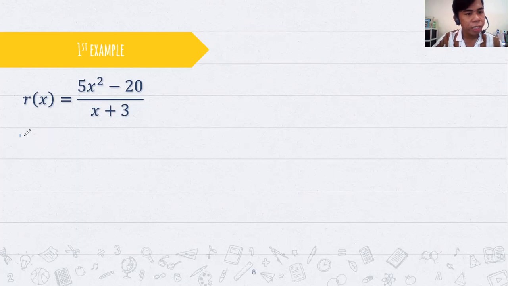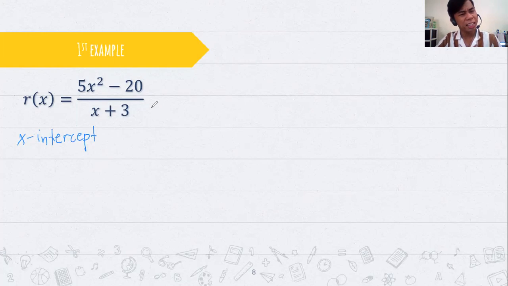Okay, so we have the x-intercept. So paano nga ba hinahanap si x-intercept? Okay, so sabi kanina, to find the x-intercept, we need to find the zeros of the numerator. But before doing that, make sure that our function is already simplified.